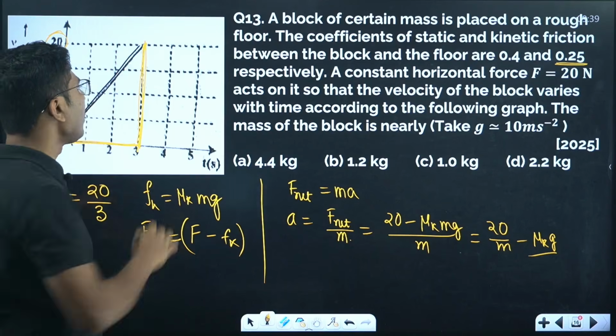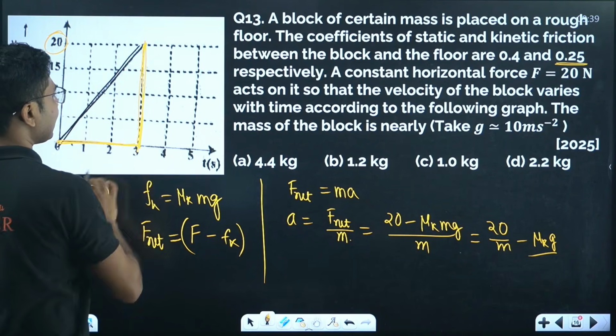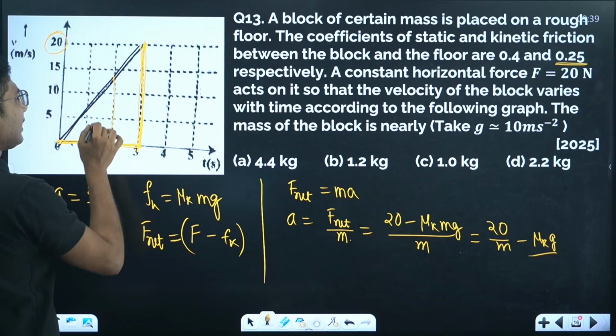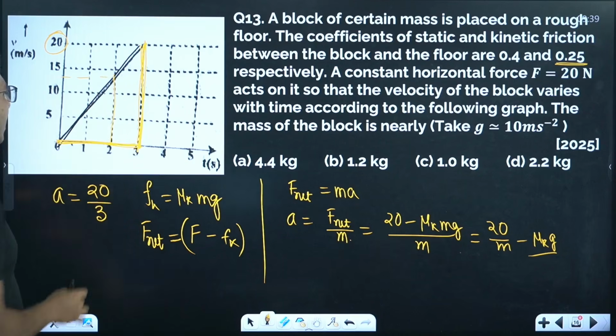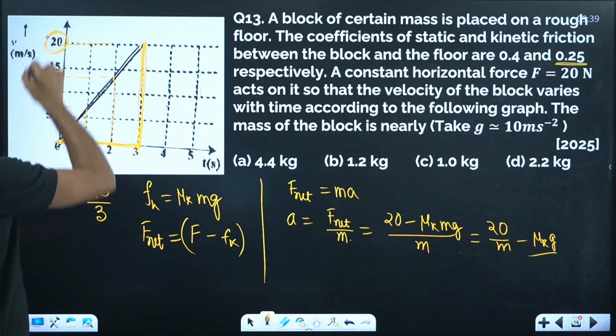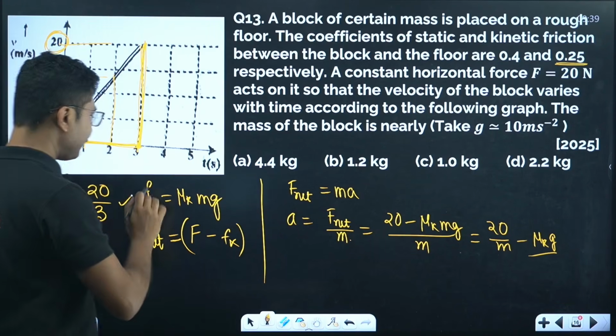How to calculate slope? You can take any differences, but because these two are the known values, we are using these. You can take this one also, but here you do not know this value. You can take this also, but here also you do not know the value. But at the end of 3 seconds, this is a correct value 20, so that's why we are using this.